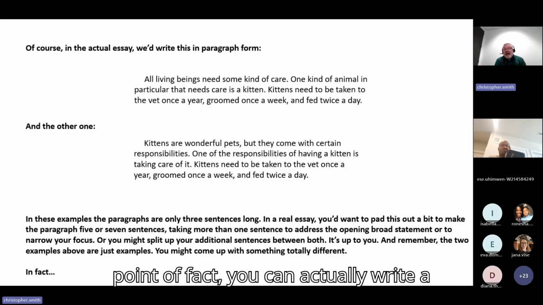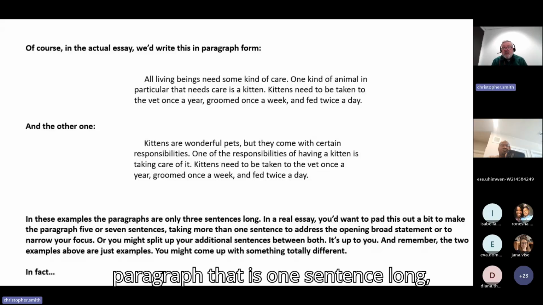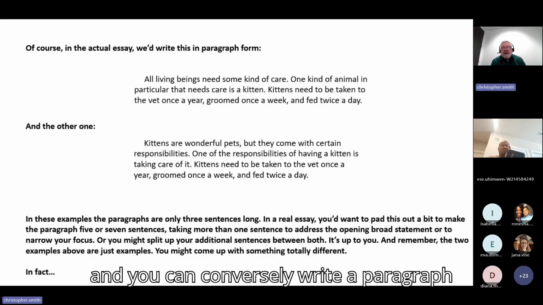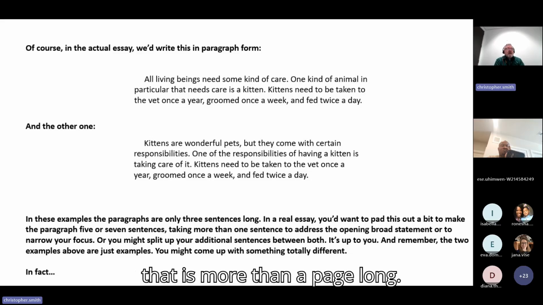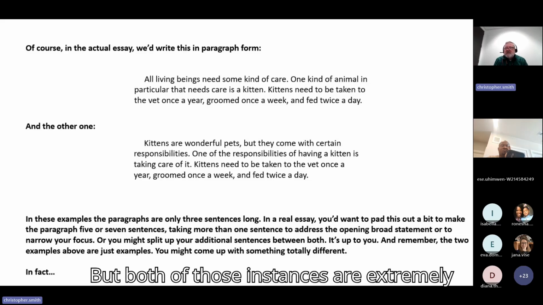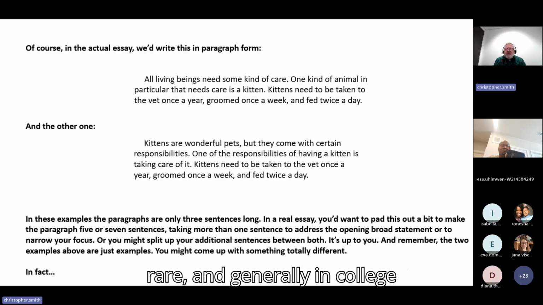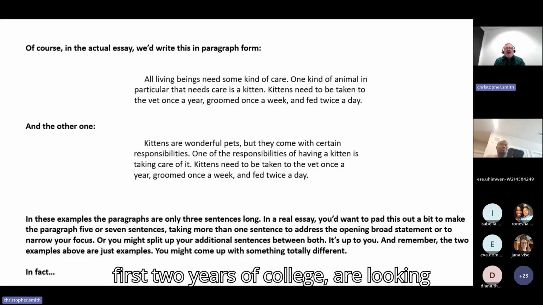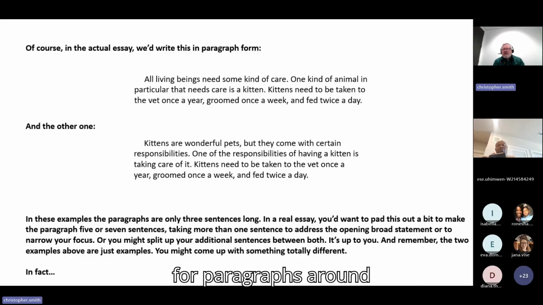In point of fact, you can write a paragraph that is 1 sentence long, and you can conversely write a paragraph that is more than a page long. But both of those instances are extremely rare, and generally in college classes, teachers, especially in the first 2 years of college, are looking for paragraphs around 5, 6, 7 sentences long.